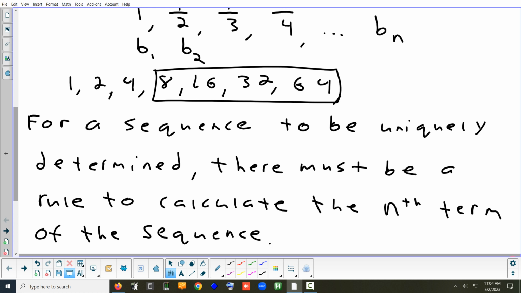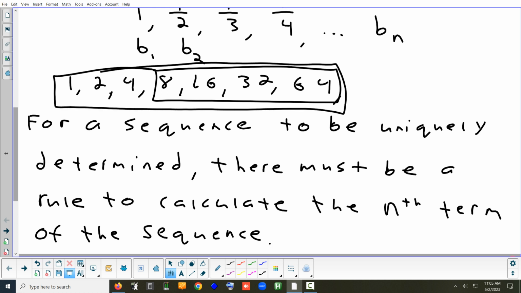Well, if this sequence that's in the box starts at 1, you'd have to work backwards to figure out what the first 3 terms are by looking at the pattern that you see. So it's multiplied by 2 as it gets bigger. It's divided by 2 as it gets smaller. So if these 4 numbers I said were part of a sequence that started at 1, then this is really your sequence.